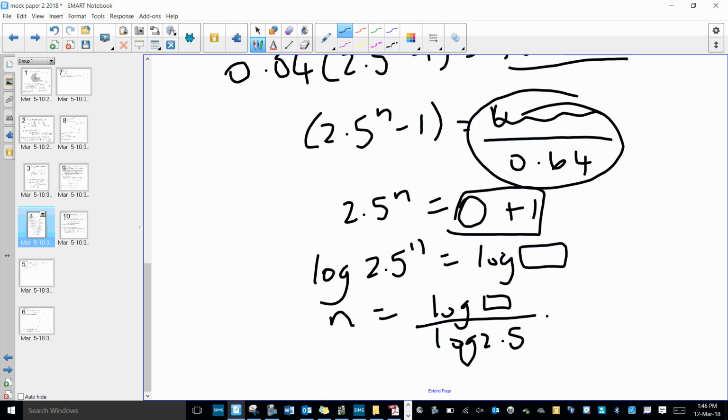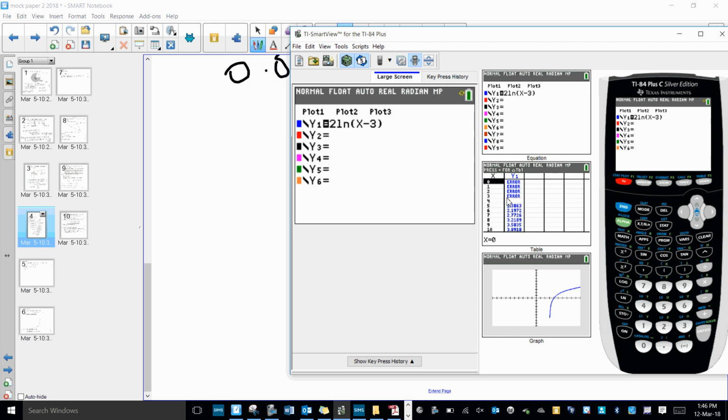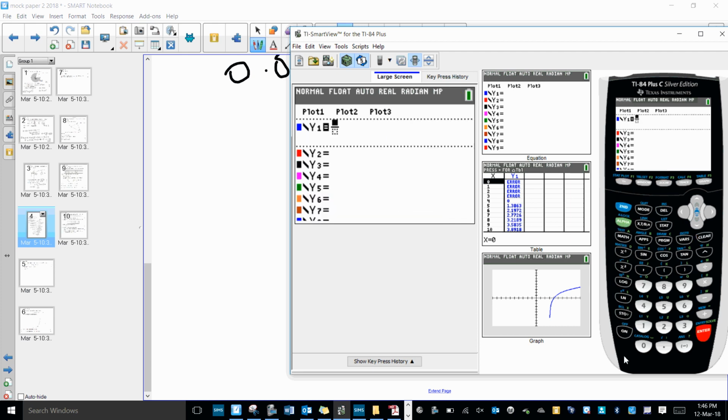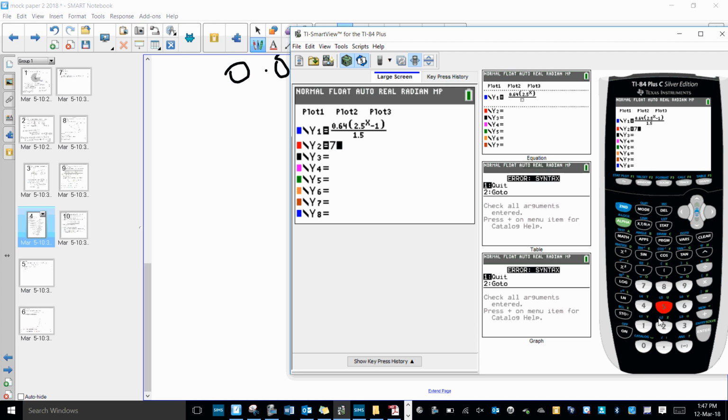You could have used the graphing package, so you can plot it. So you can have y equals 0.64 brackets 2.5 to the power n minus 1 close brackets over 1.5. You can then put 75,000 as your other one, and you can graph it.